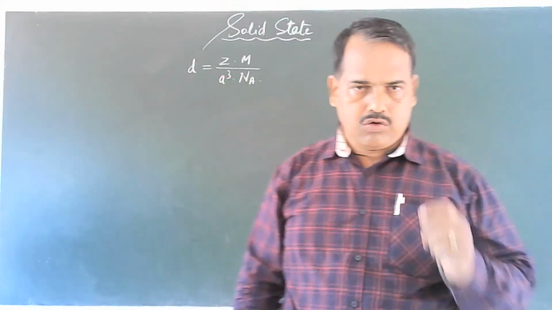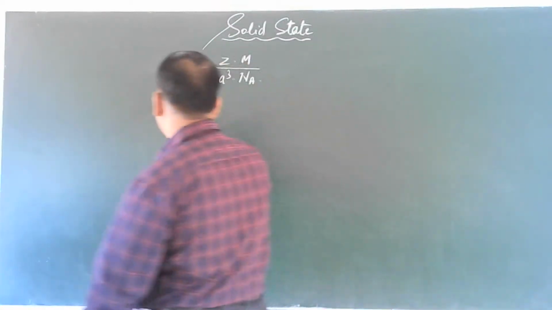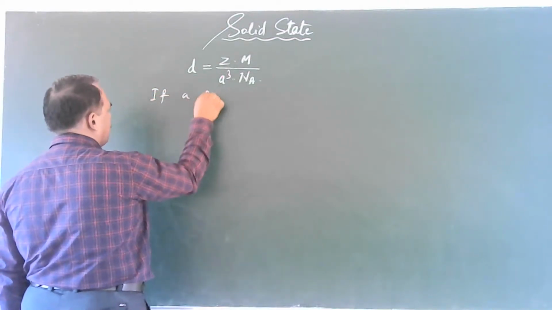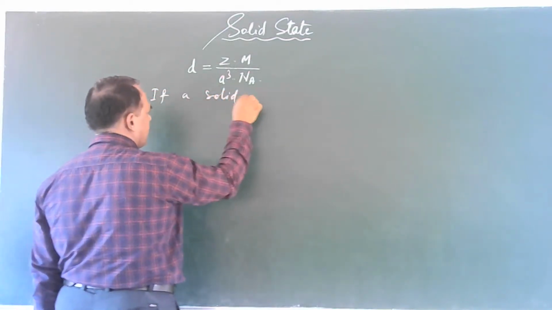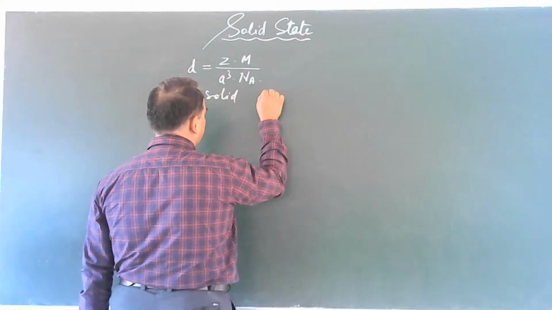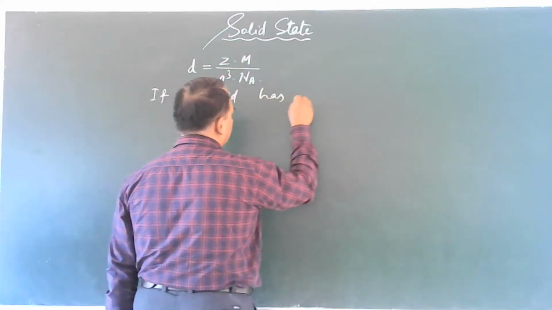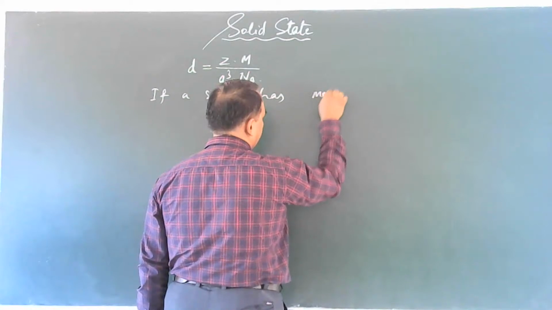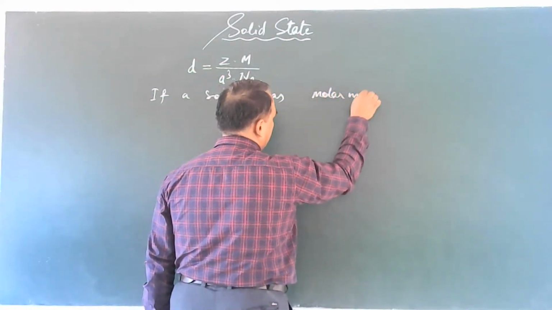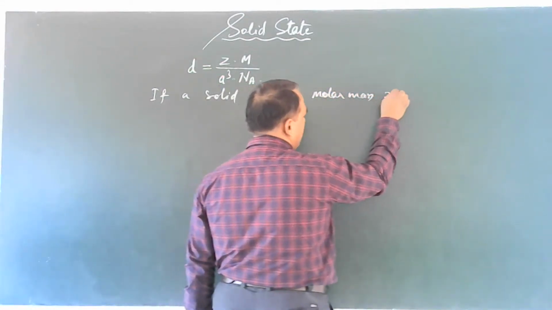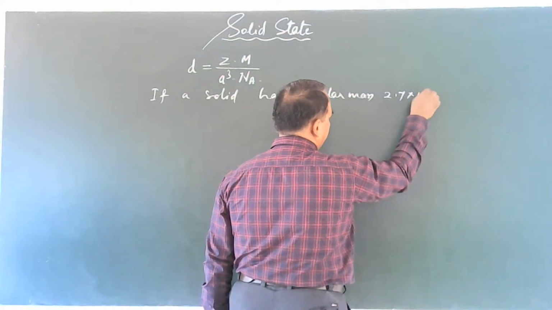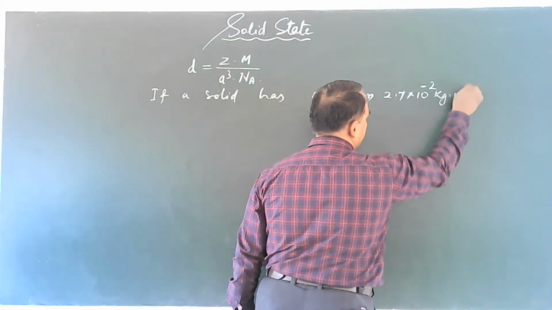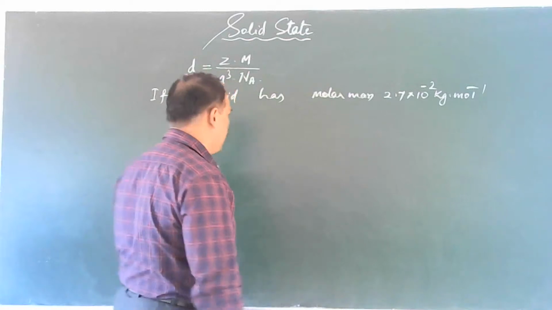Say in a cubic lattice, a solid has a molar mass of 2.7 × 10^-2 kg per mole.